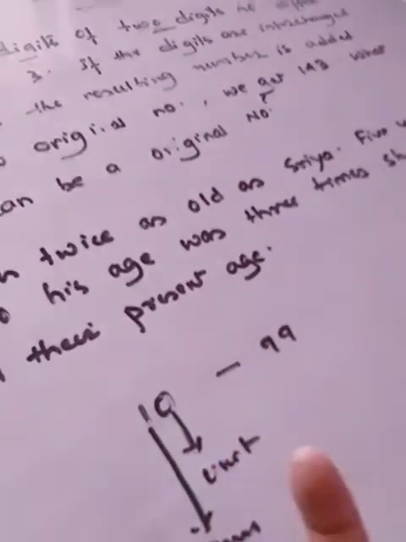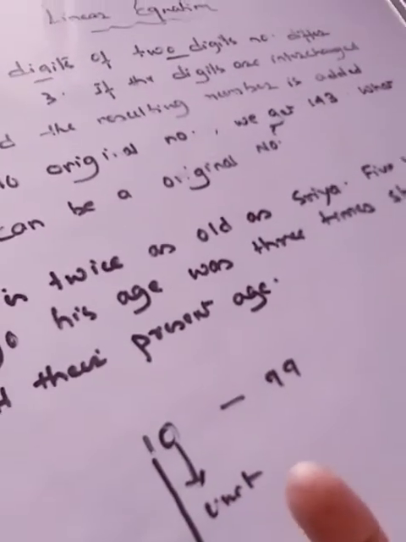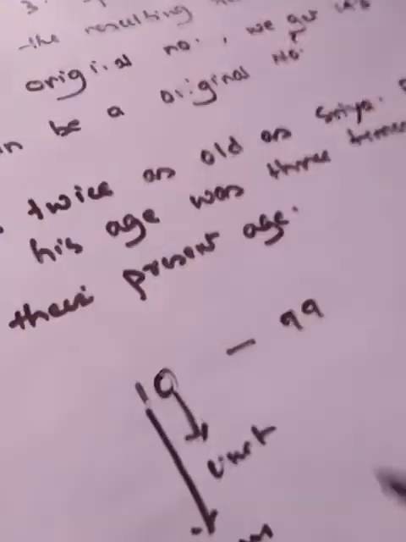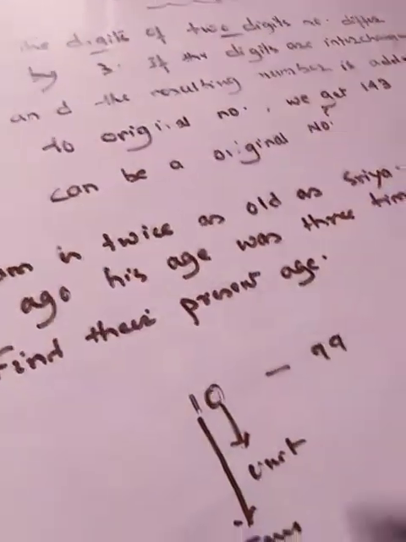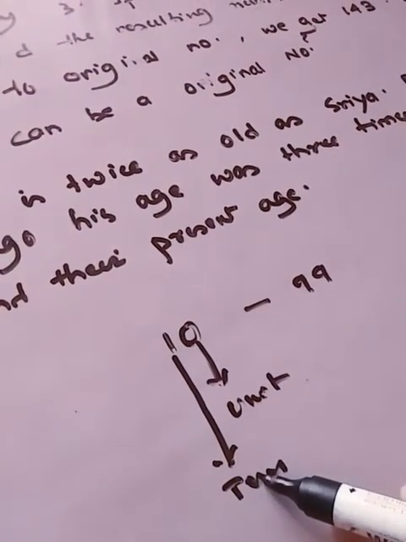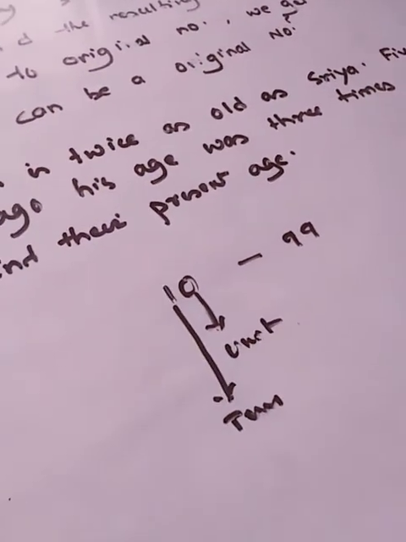Now you have to find that particular two-digit number whose digits differ by 3. In this case we are not aware of the unit digit or the tens digit, so what do we have to do?